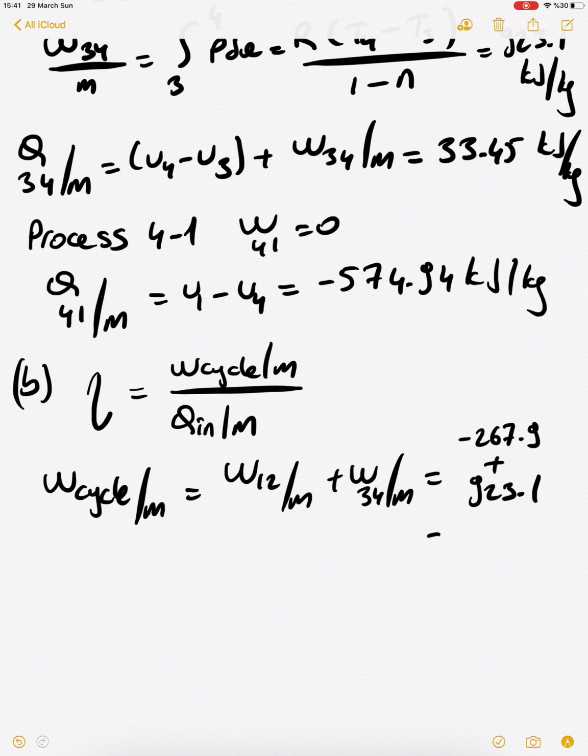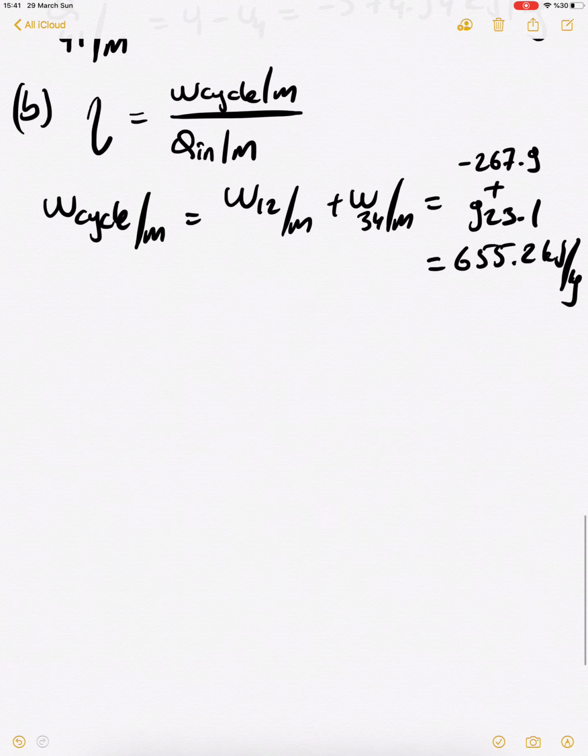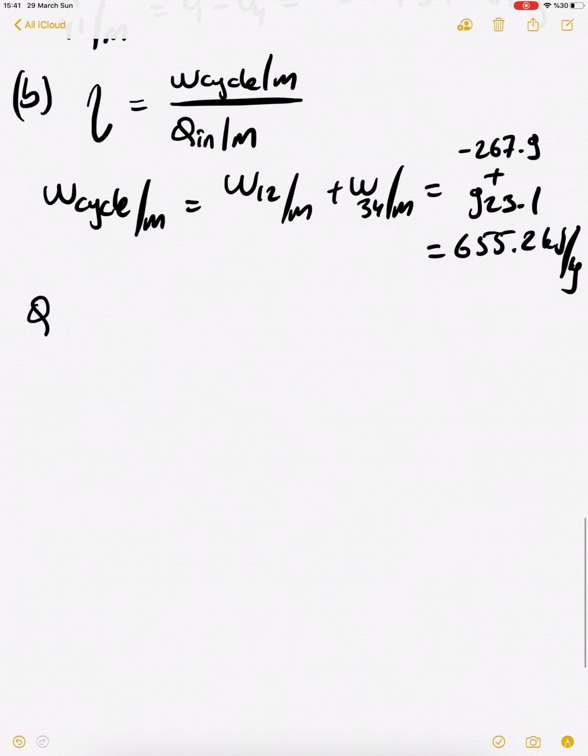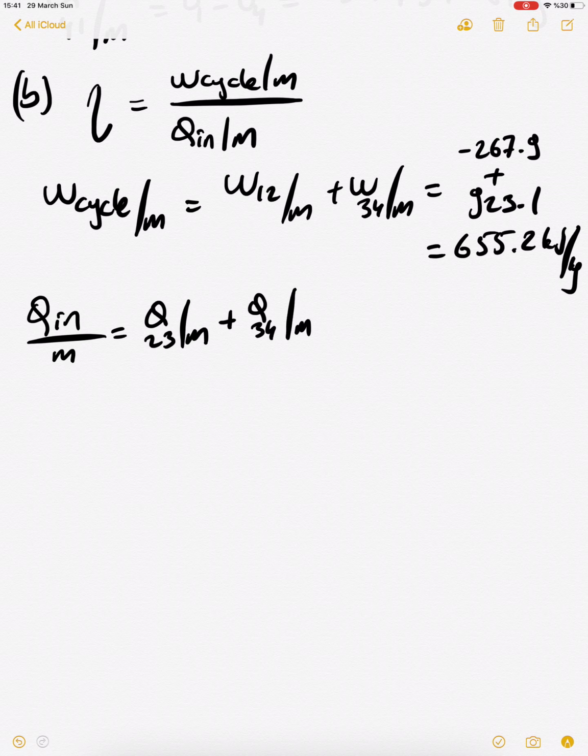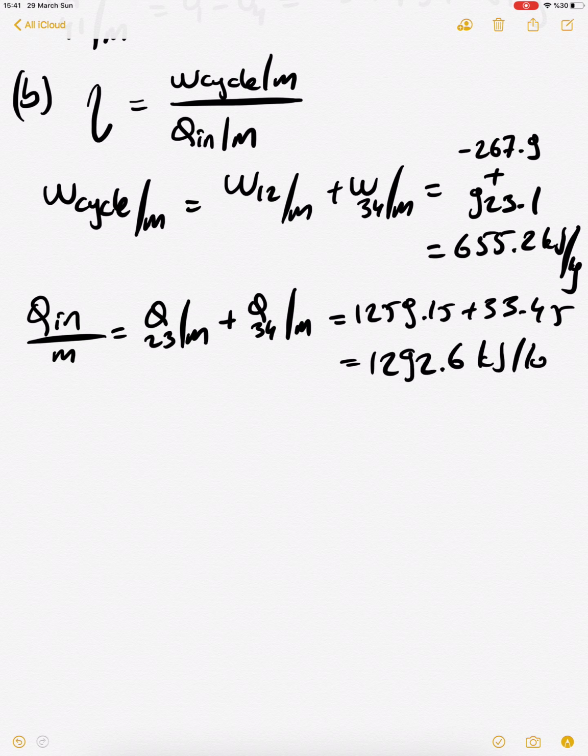So this is a positive output, kilojoule per kilogram. And Q in per unit mass is nothing but Q23 per unit mass plus Q34 per unit mass, and that's going to be, I write it with the signs, 1259.15 plus 33.45 kilojoule per kilogram.